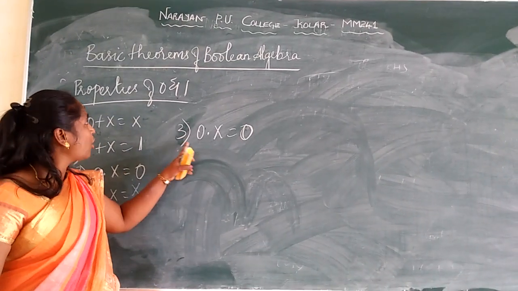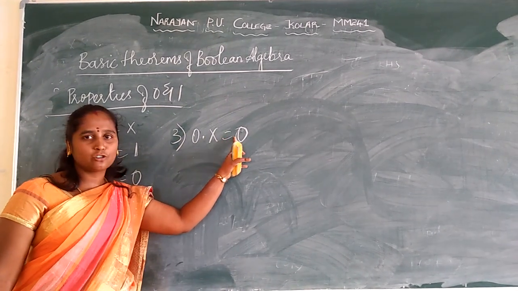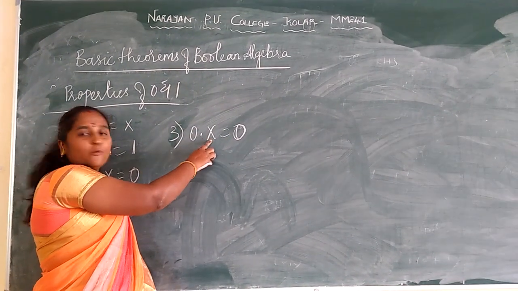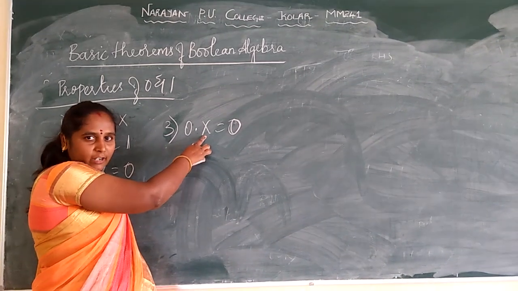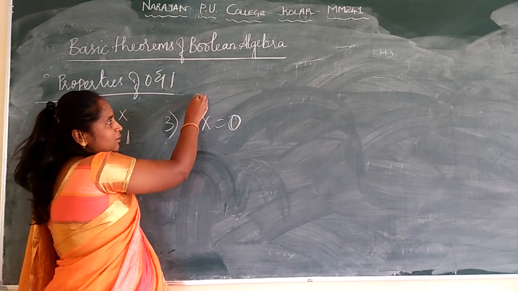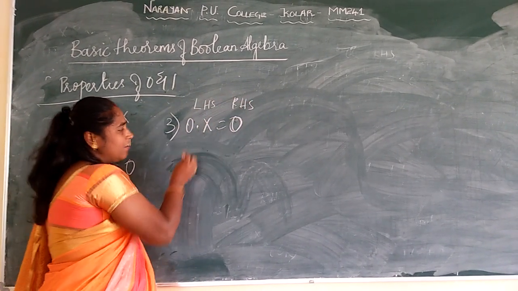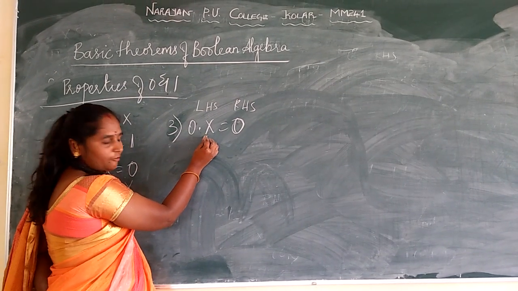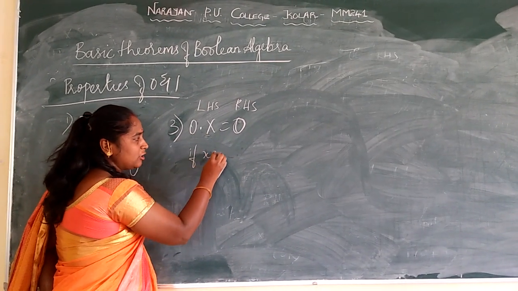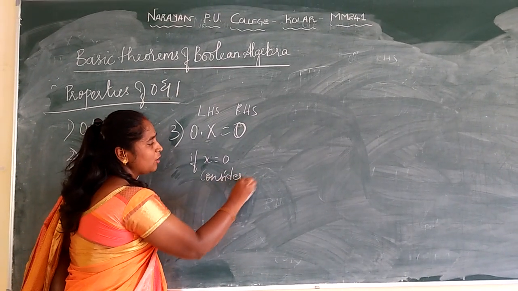Okay. Your third property is 0 into x is equal to 0. You have to prove that for every possible value of x, that is zeros and 1, when you substitute, you have to get the result as 0. So first, consider this as the LHS and this one as the RHS. First, substitute x is equal to 0. Consider your LHS.